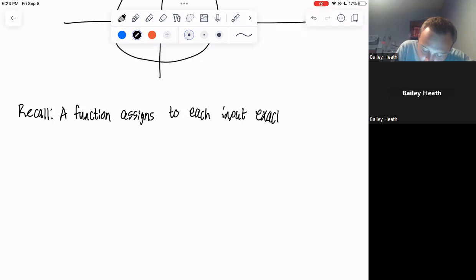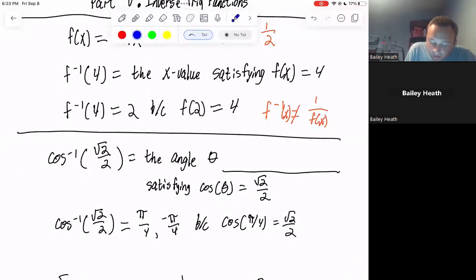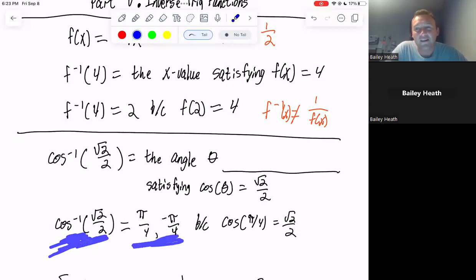So you might think that something is amiss here because your friend says that negative pi over 4 could also be the output of this function. Cos inverse of root 2 over 2 can't be both pi over 4 and negative pi over 4, because then cos inverse would not be a function.